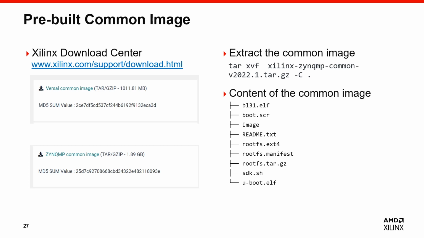Image is the Linux kernel. rootfs.ext4 is the Linux root file system in ext4 format. rootfs.manifest is used to tell the user the content of rootfs. rootfs.tar.gz is the zip file of the Linux root file system. sdk.sh is the cross compile tool to compile host applications. u-boot.elf is the bootloader used to boot the device. README.txt is to tell the user the content of this package.